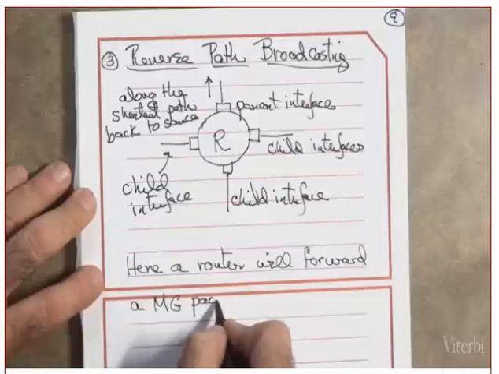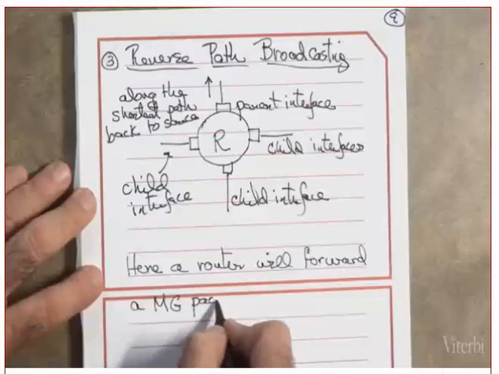If it happens to be R2, and R3 knows this, then he will not send the packet here. Why will he not send it here? Because if he sends it here, R5 will receive it from a failed interface, and hence he will drop it and not forward downstream. Clear? Okay, good.